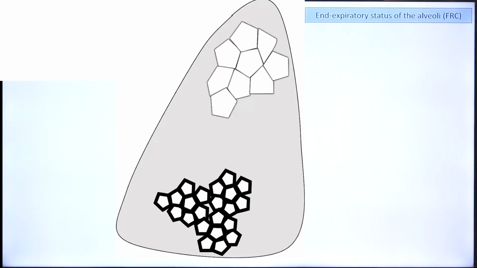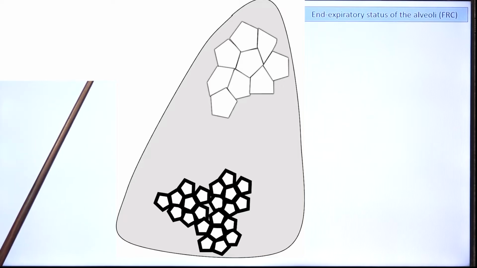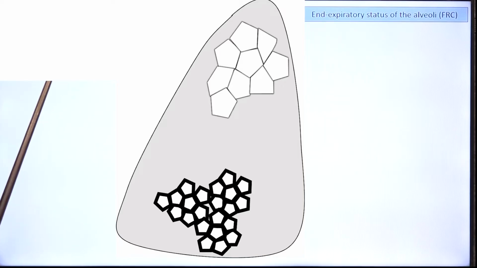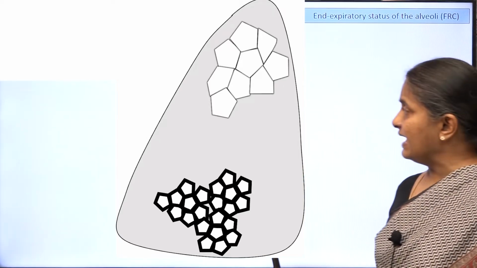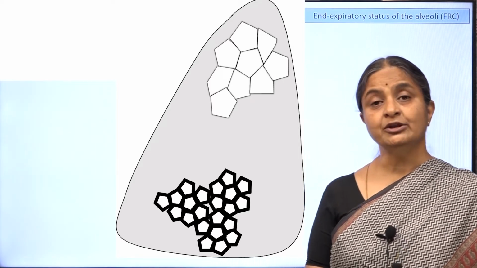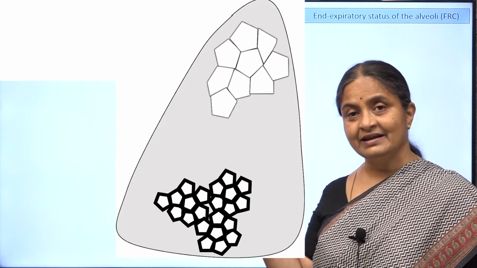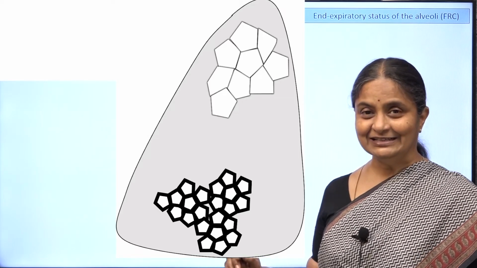Take a look at this image. This image is adapted from a textbook called Pulmonary Physiology by Levitsky. If this is the end expiratory status of the lung, what can you comment on the volume of air and the volume of blood in this image?